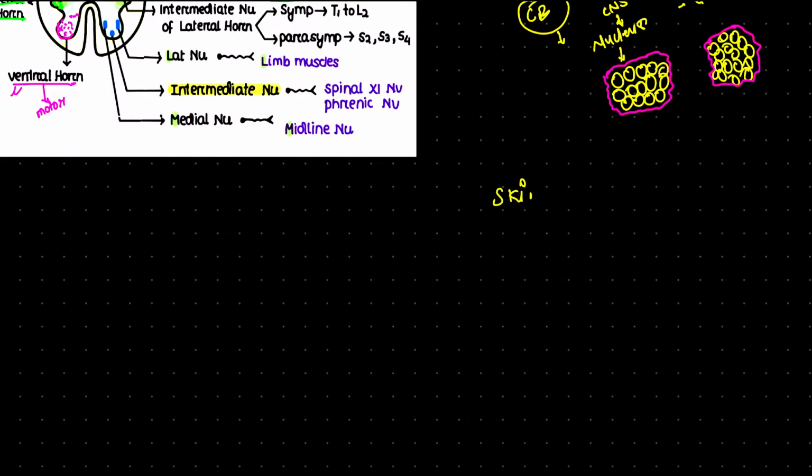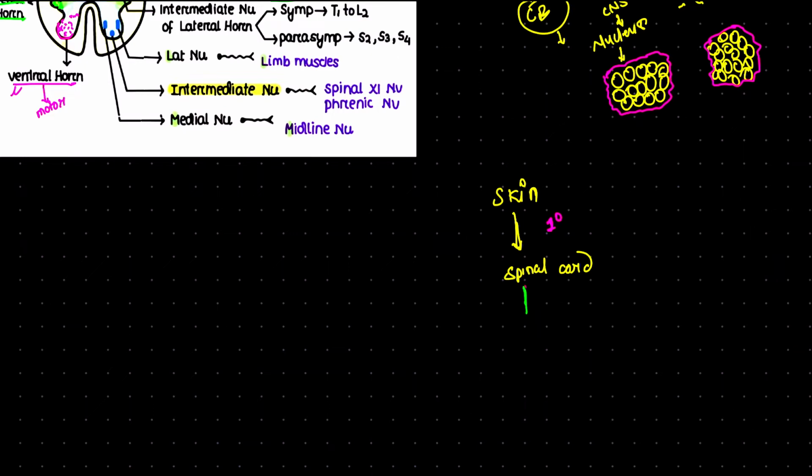Now during the ascending tract, the skin will carry impulses to our spinal cord. The neuron carrying this impulse to the spinal cord is called the primary, the first order neuron. These are called first order neurons.